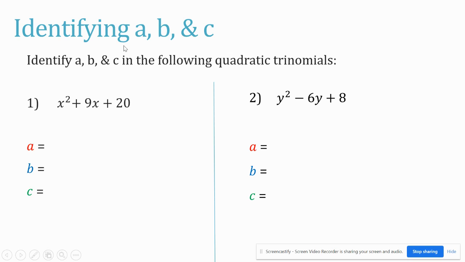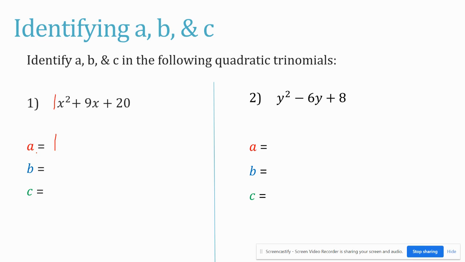Okay, so we want to be able to first identify a, b, and c. So identify a, b, and c in the following quadratic trinomials. You can take a second. You can pause the video and let's identify these. So remember, if there's no number in front of x, there's that invisible 1. So we have an invisible 1 right here.